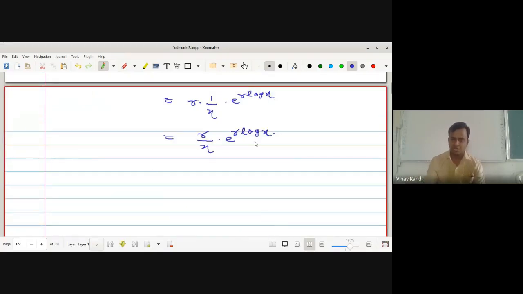But e raised to r log x is what? It is x raised to r, so r upon x into x raised to r, which is equal to r into x raised to r minus 1. So this is the value of x raised to r dash.